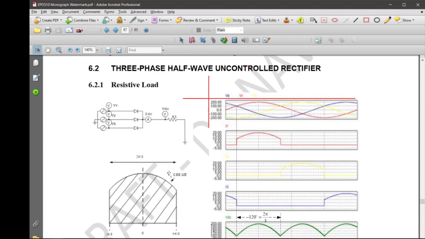What we need to do is draw the XY axis, and then draw a dashed horizontal line there, and then we start to draw the triangular waveform.